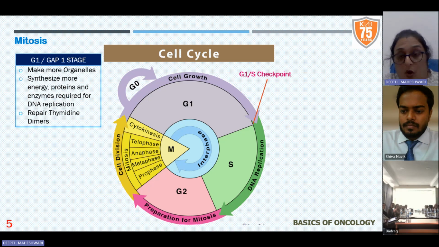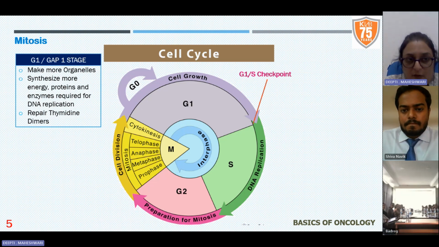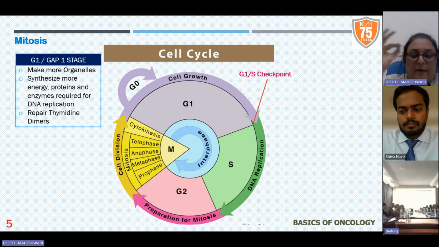Before the cell enters actual DNA replication, in the G1S checkpoint, the cell will check whether the right proteins have been formed, whether the right enzymes have been formed, whether the required amount of energy which will be used is already present or not, whether the thymidine dimers have got corrected or not. All this will be checked after the G1 phase and before it enters into the S phase.